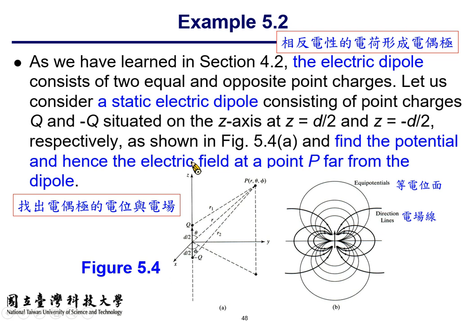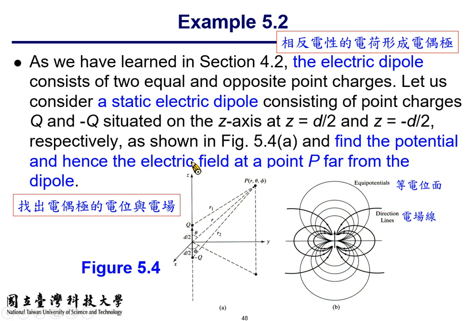So the two point charges, Q and minus Q, form the so-called electric dipole, 电偶极啊，电偶极由相同电量、不同电性的电荷所组成。And so electrical dipole is important not only in electromagnetics, it's important in physics and chemistry as well.